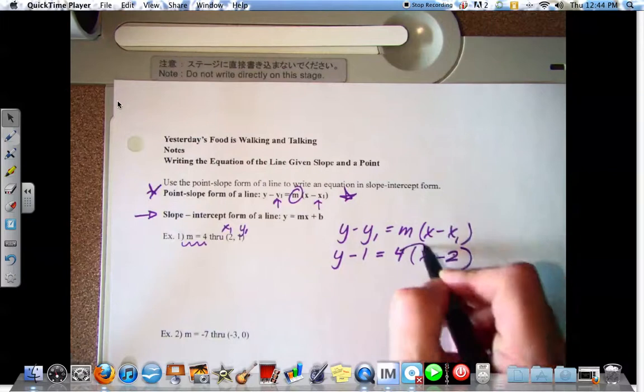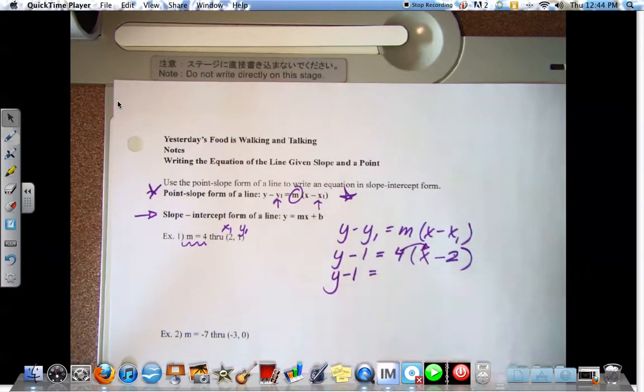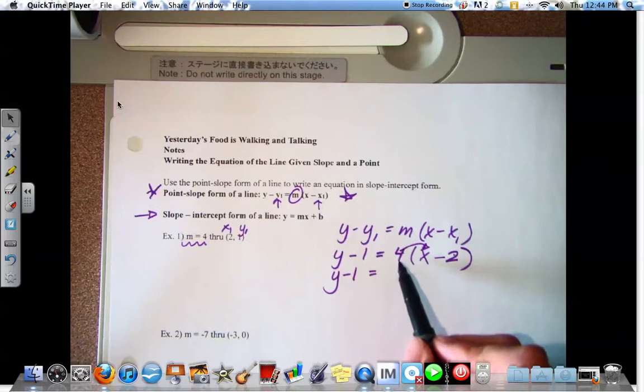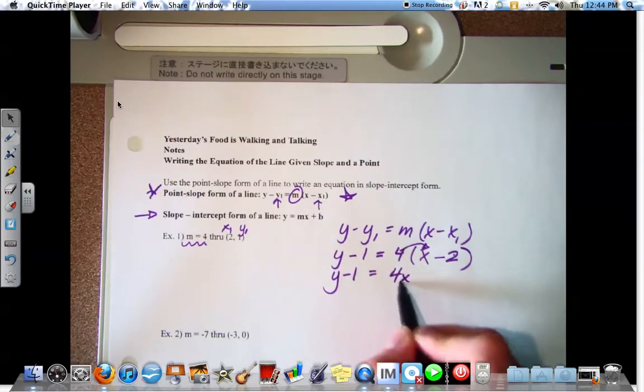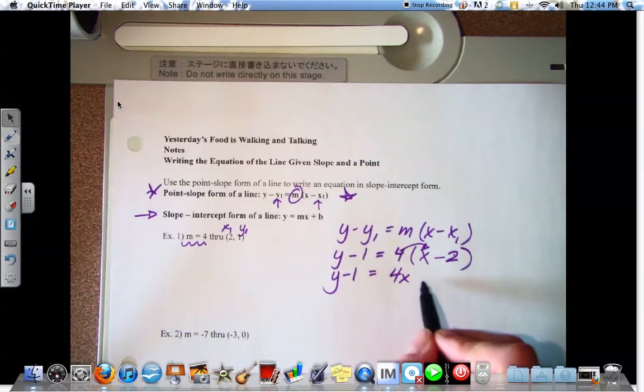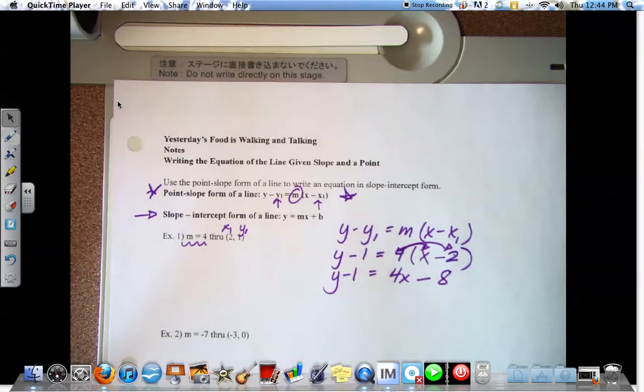So, we have to distribute the 4. So, we have y minus 1. We distribute the 4, so we have 4 times x, which is 4x. Bring down the minus sign from inside of the parentheses. And we have 4 times 2, which is 8. Now this looks even more like what we've been working on.